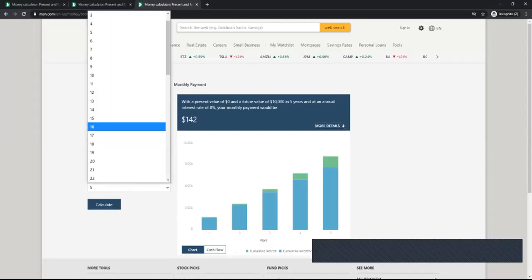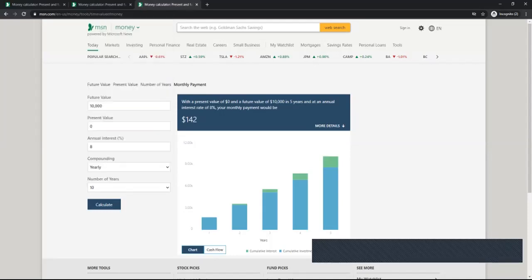Say, for instance, you have 10 years to invest and you want $50,000.